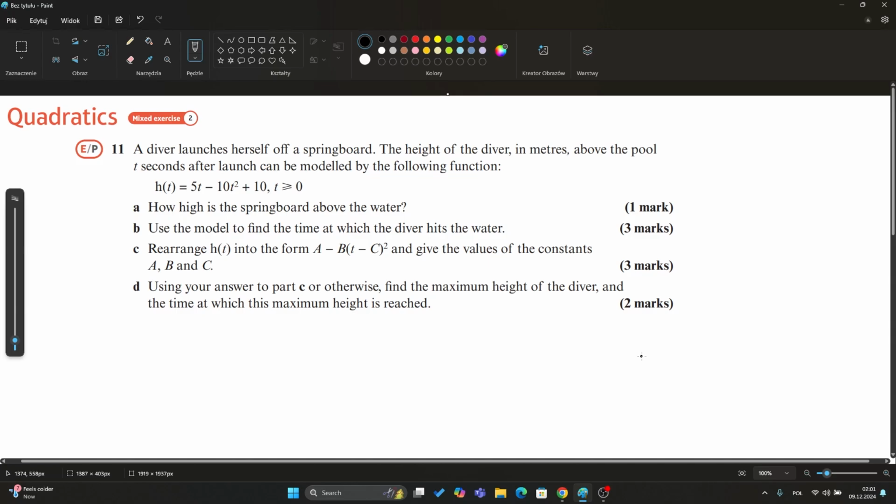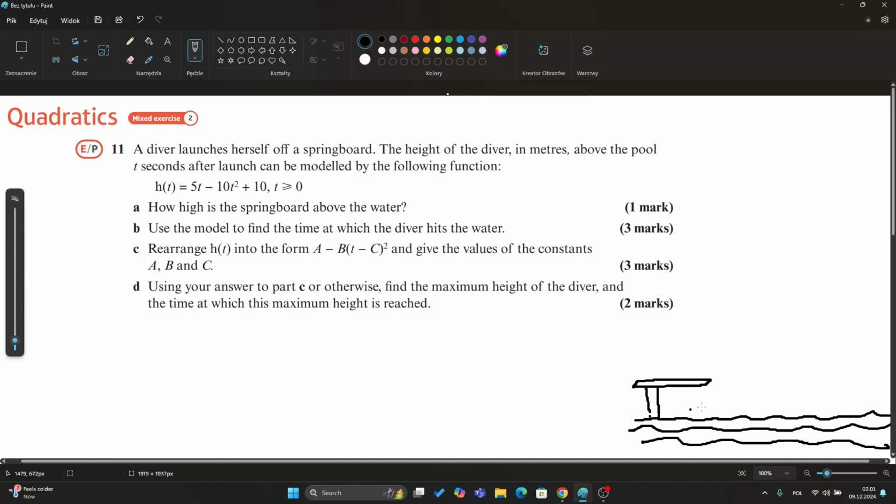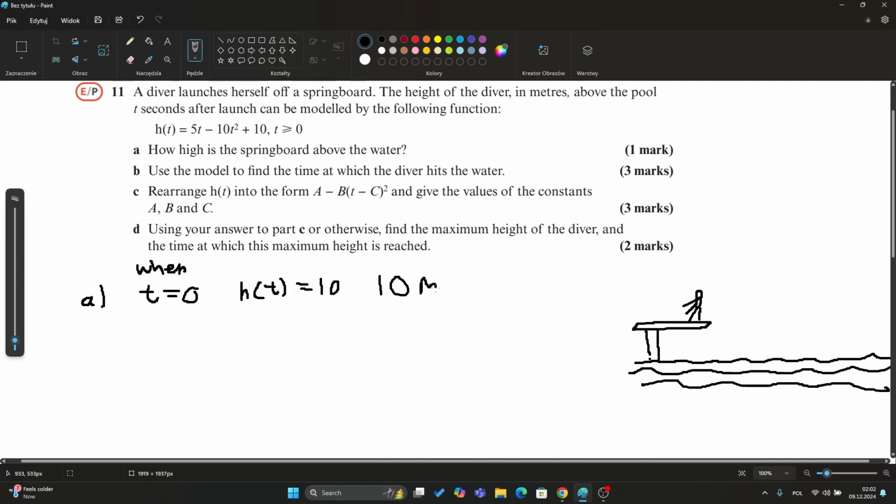So the diver launches herself off a springboard, so there'll be a springboard here, there'll be water here, so here will be the diver. So here in part A, when t equals 0, h(t) equals 10, so the answer is 10 meters.